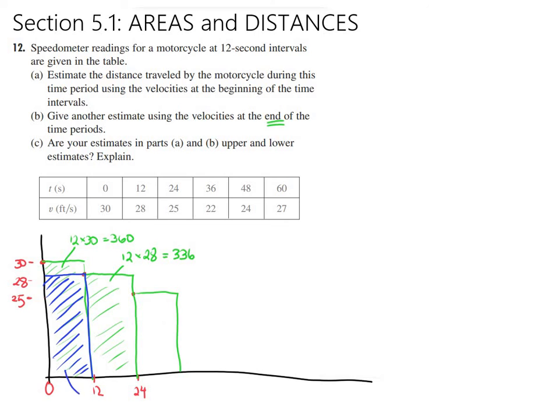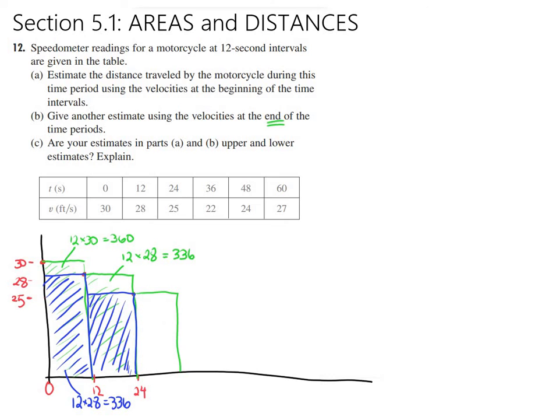So now over the first 12 seconds, we'll say 12 times 28, which is hopefully 336. And then for the next 12 seconds, we'll assume he's going 25. And we'll look at that rectangle, that distance calculation. We keep going with that one.